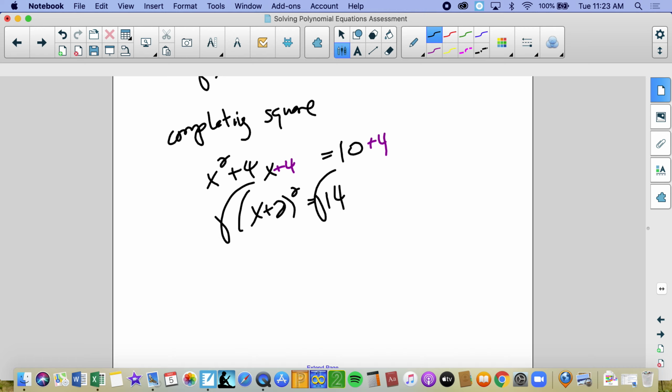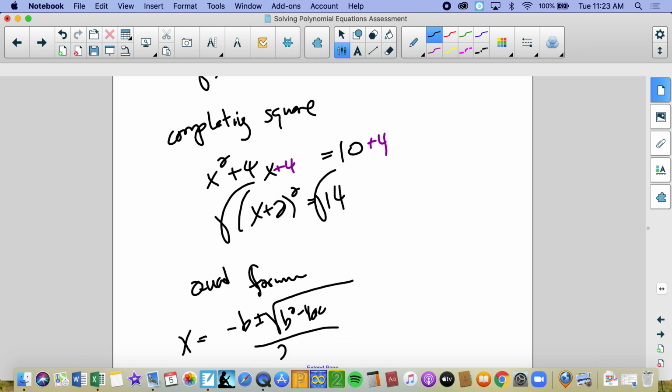And then the last one that we learned was the quadratic formula. The quadratic formula tells you that the variable, whatever variable you have, x equals the opposite of b plus or minus the square root of b squared minus 4ac all over 2a.